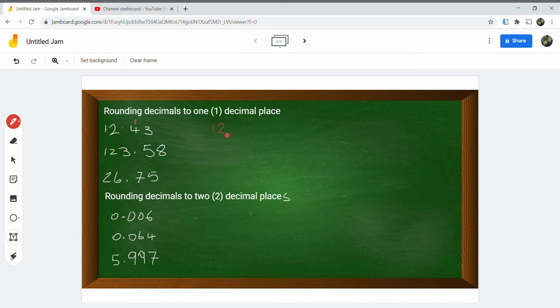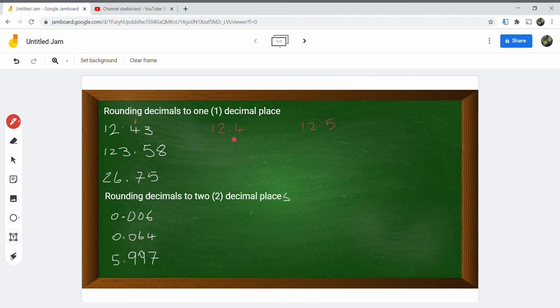Because we're rounding to one decimal place, the numbers would be 12.4 or 12.5. So 12.43 is between 12.4 and 12.5.